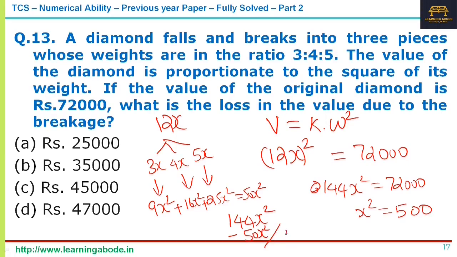So what is the loss? 144 minus 50, 94x square is the loss. So if x square is equal to 500, 94x square is 94 into 500, which is 47,000 from the given options. So that is the loss because of the breakage. That's the answer for question number 30.